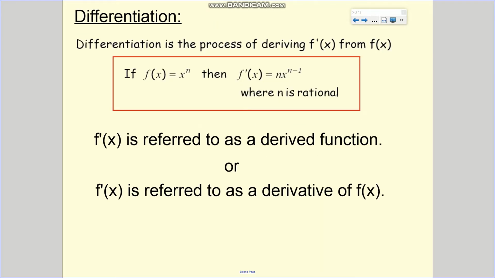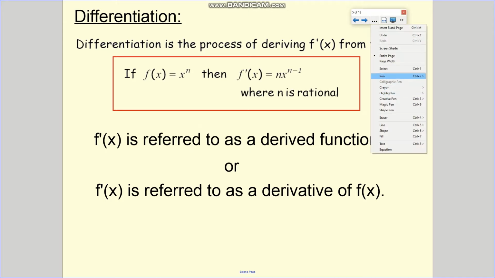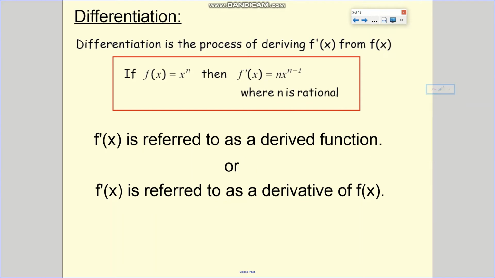Okay, so as I was saying, f of x goes to f dashed of x as you differentiate. The other thing that happens is that we bring the power down as a multiplier, so this n that was here is now in front of our x term.